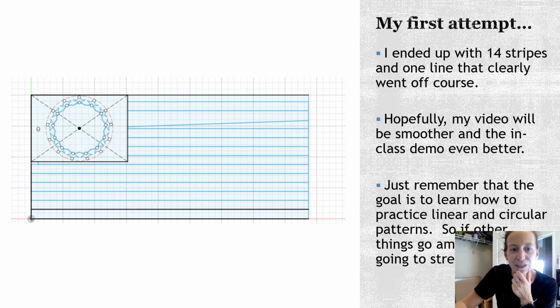If we count down the stripes here, 1, 2, 3, 4, 5, 6, 7, 8, 9, 10, 11, 12, 13, 14, and then no clue how that line got off of the horizontal. It looks like it could even be more than 1 line. No idea what happened.